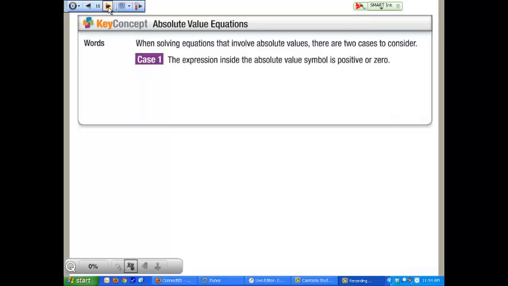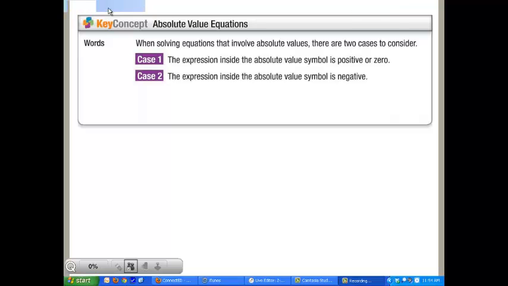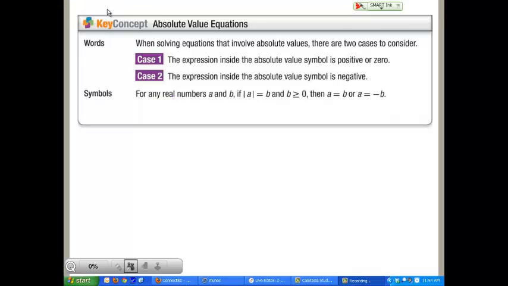The other possible option is the expression inside the absolute value symbol is negative. In symbols, for any real numbers a and b, if the absolute value of a is equal to b and b is greater than 0, then a is equal to b or a is equal to negative b.